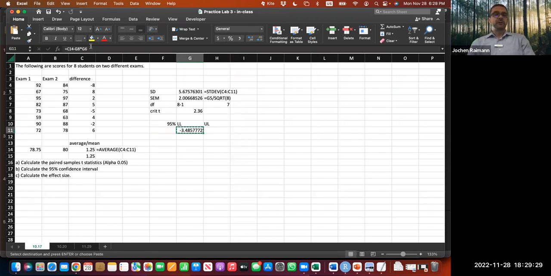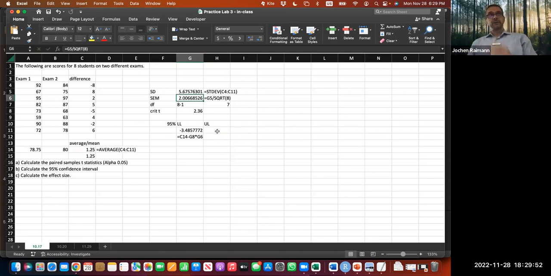I put the formula below. There's the formula. So lower limit is the mean difference minus G8, the critical T, multiplied by the standard error of the mean. That gives you the lower bound of the 95% confidence interval.